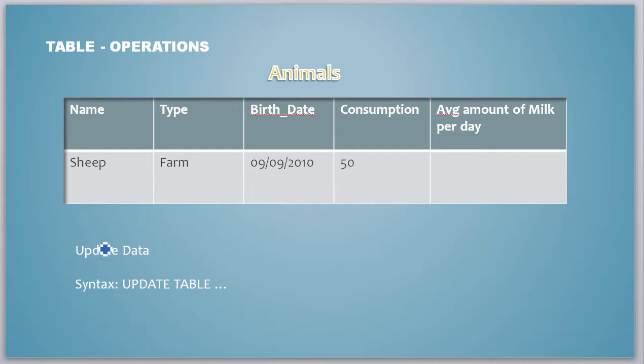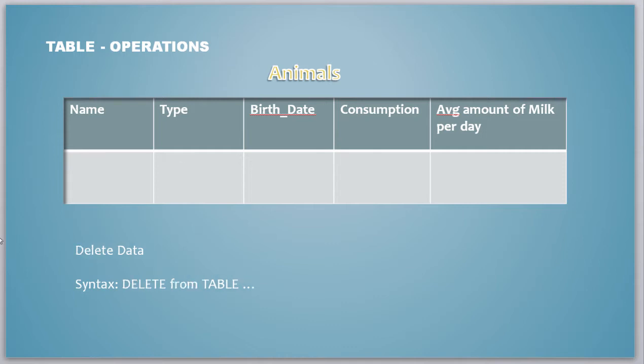The data was already there, and I updated it. The syntax is update table, and then you pass in some criteria to update it. Let's ignore the syntax, but the important thing to know is that we update the data. So we did an insert, a select, and now an update. That's the fourth operation.